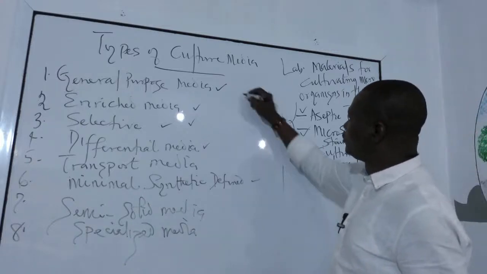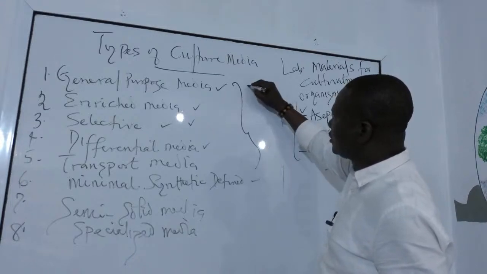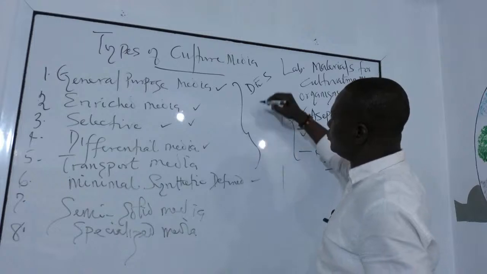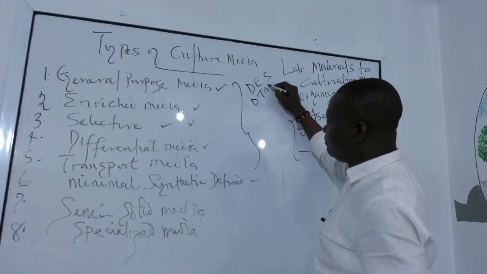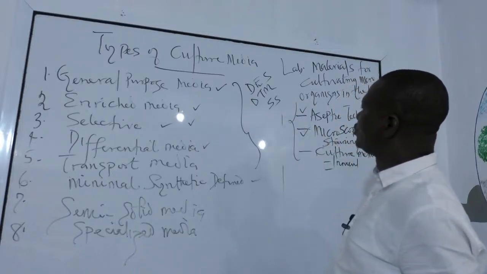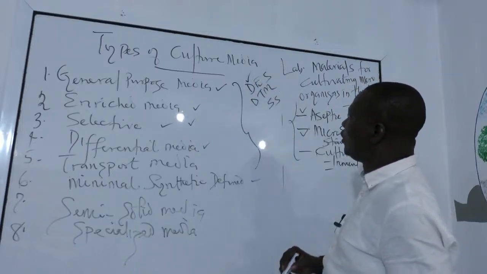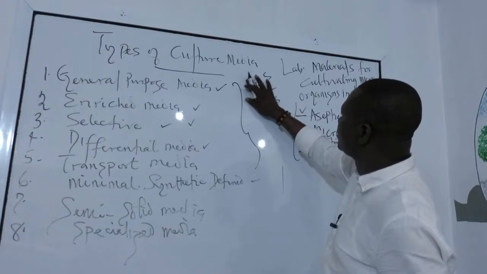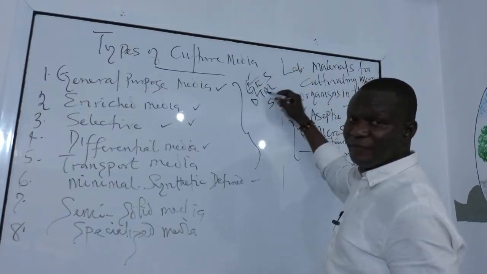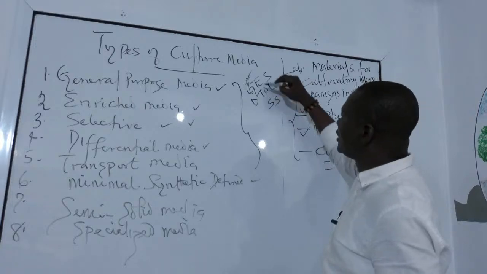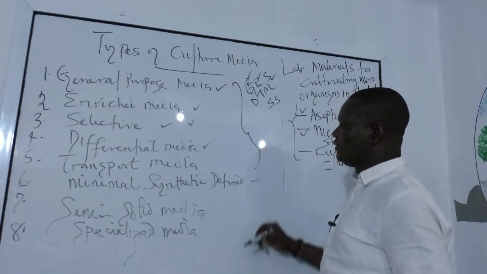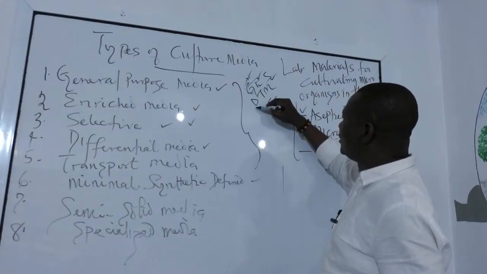If you want to remember that, just write GESDTMSS. G is standing for general purpose. E is standing for enriched. S is standing for selective. D is standing for differential.